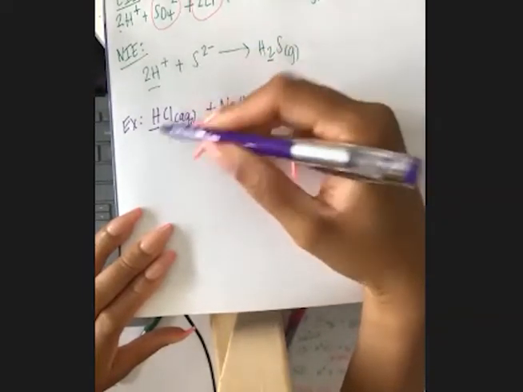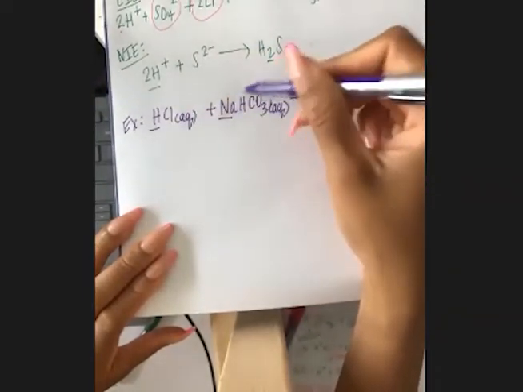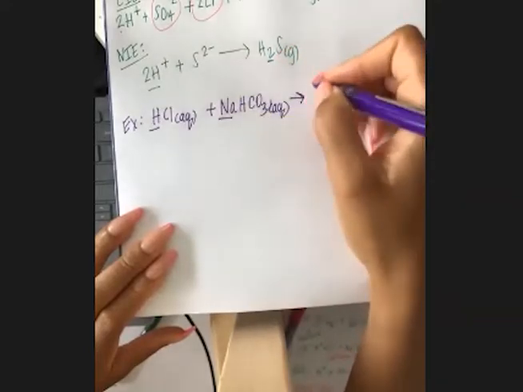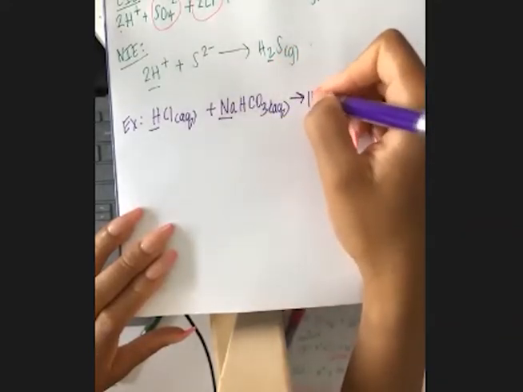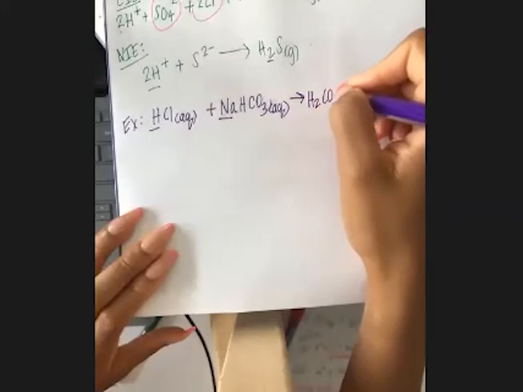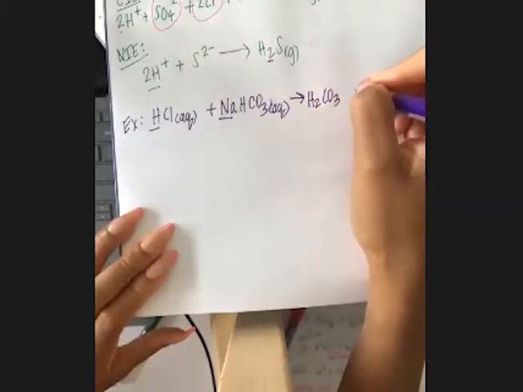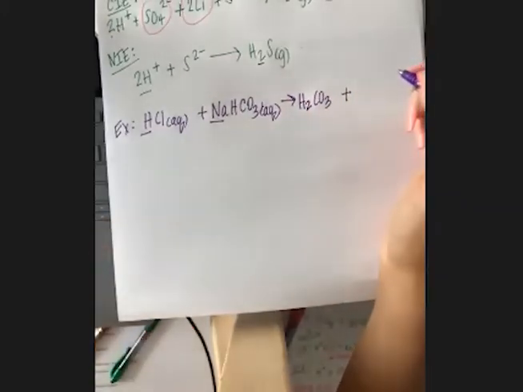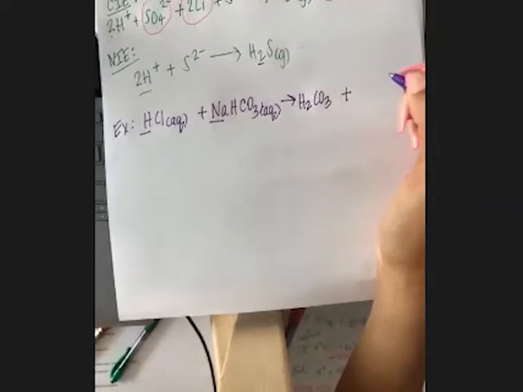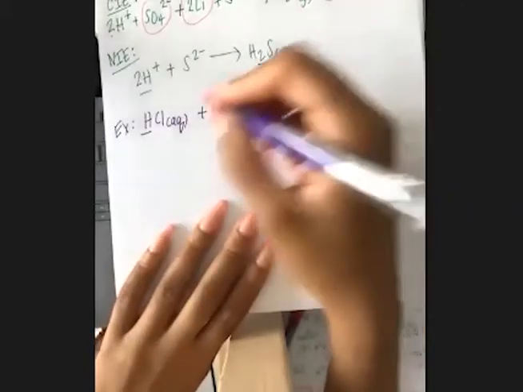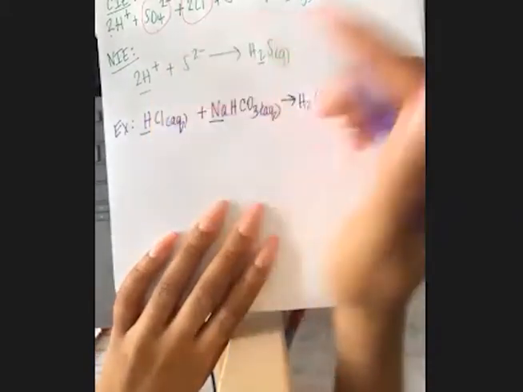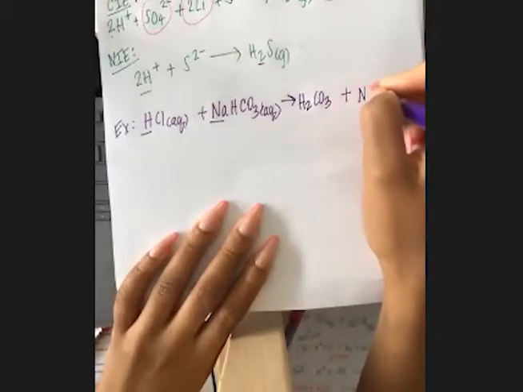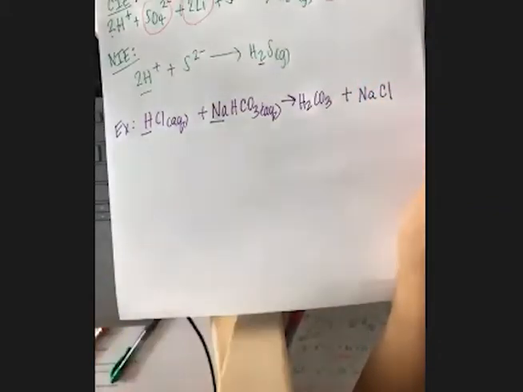So you're saying the hydrogen is going to go with the bicarbonate, HCO3, so we can say that's H2CO3. And then plus, what's the other product? NaCl. The sodium and the chlorine go together.